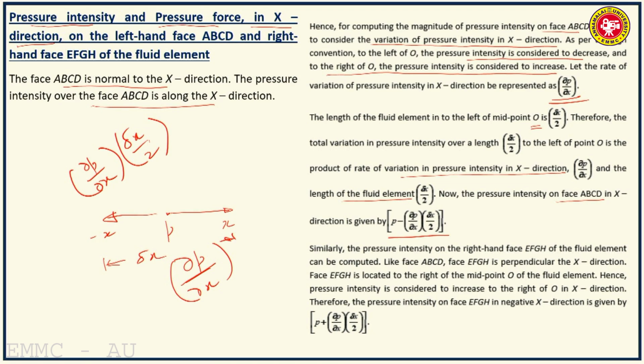Similarly, on similar lines we can prove that the pressure intensity acting normal to the right face EFGH in the negative x direction is given by P plus dou P by dou x delta x by 2.